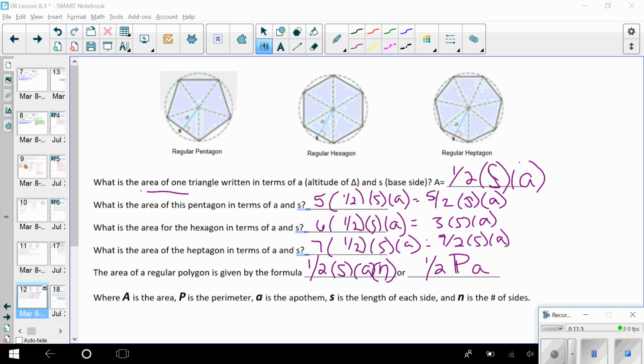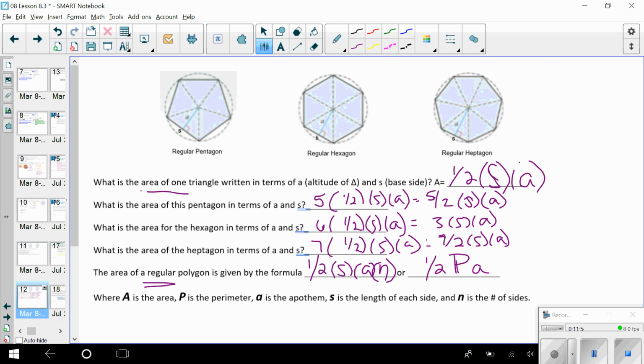And so in general, we can come up with this conjecture that says the area of a polygon is written by the formula 1/2 times a side, and this has to be a regular polygon, 1/2 times the side of one of those polygons times A, which A is the apothem.